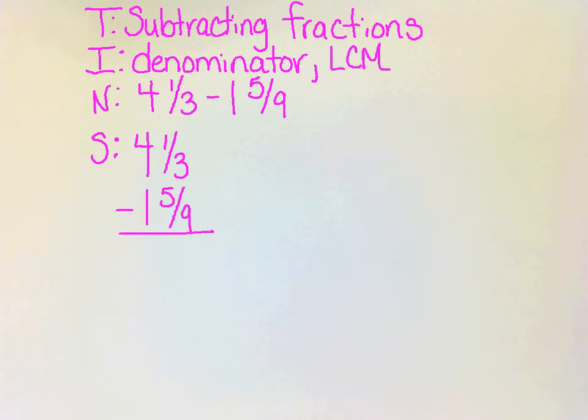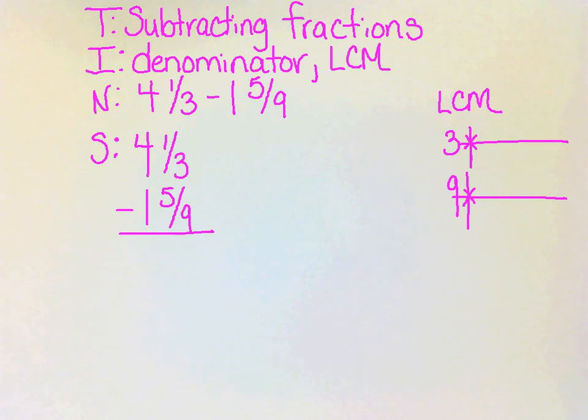Step 2. Find the LCM, which is the least common multiple, and it's because I have unlike denominators. So I'm going to find my LCM of 3 and 9. This is going to be really easy because we already know by looking what the LCM is.